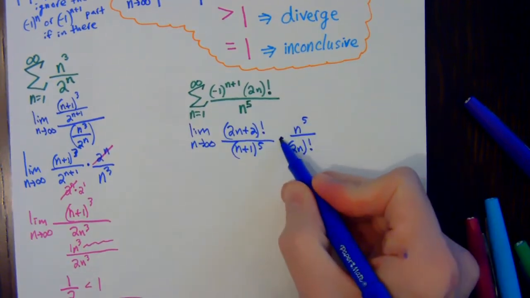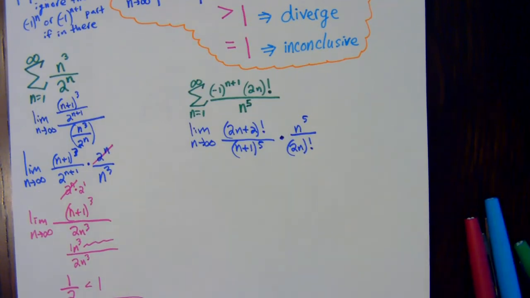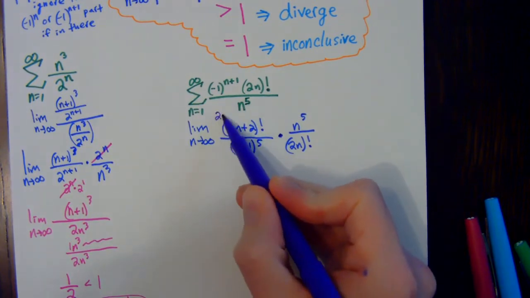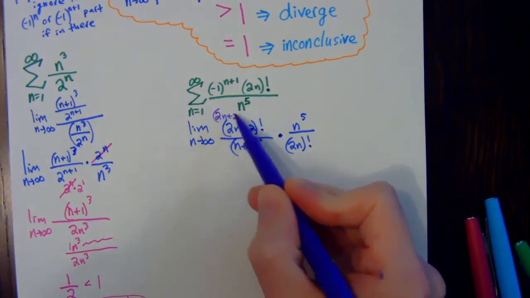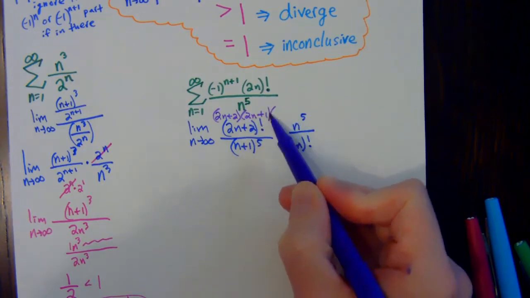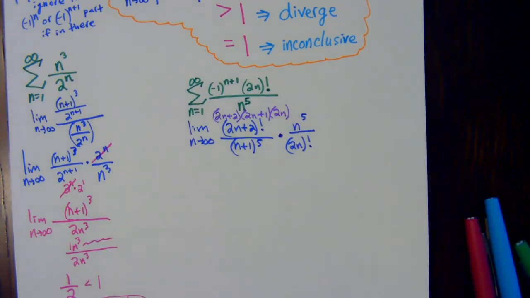All right, so what we are going to simplify are the factorials. So remember factorials from last year, like 4 factorial, that's 4 times 3 times 2 times 1, right? You multiply each time, and each time you decrease that number by 1. So when I do a 2n plus 2 factorial, that's going to be a 2n plus 2 times a 2n plus 1 times a 2n times a 2n minus 1 times a 2n minus 2, dot, dot, dot, all the way down to 1, right?